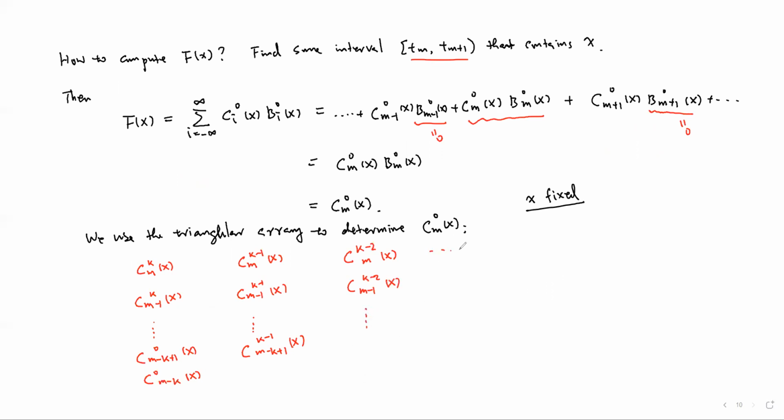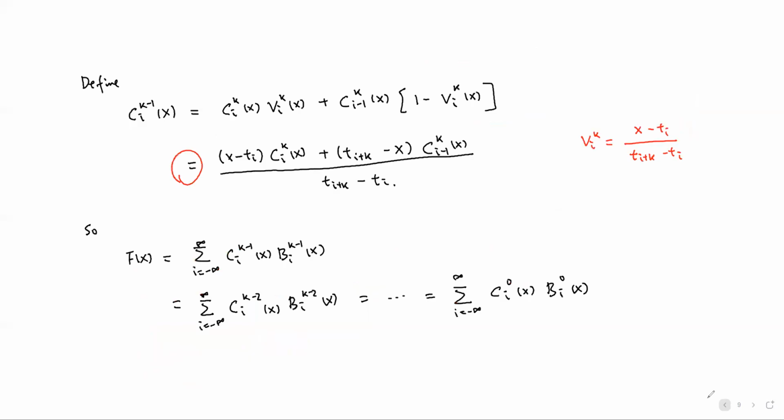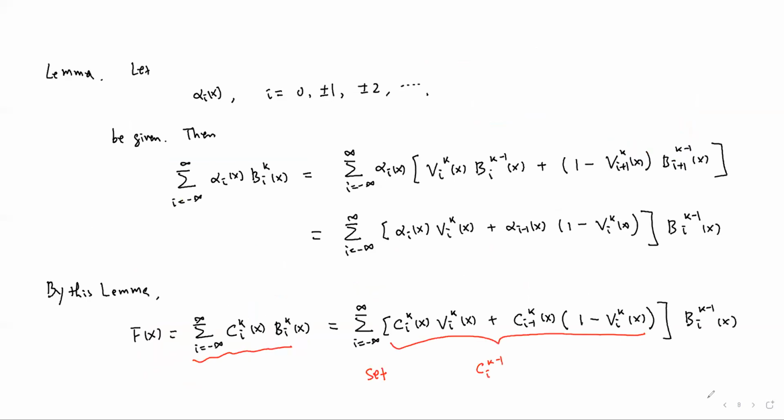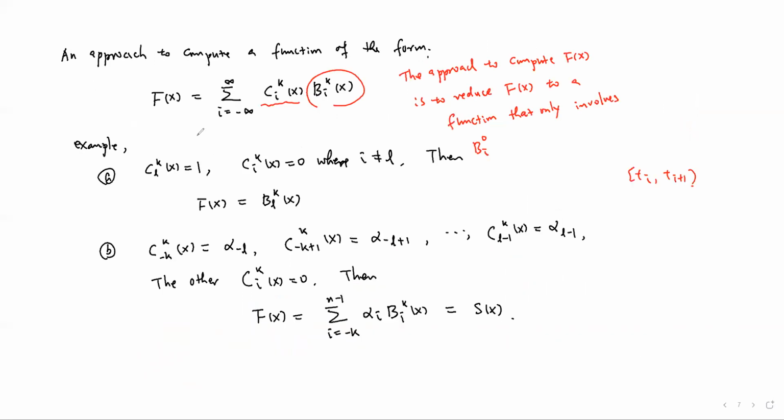In this way we get Cm,1 and Cm-1,1. Then from these we get Cm,0, and Cm,0 is capital F, the value at x. All right, this is an algorithm to compute capital F.